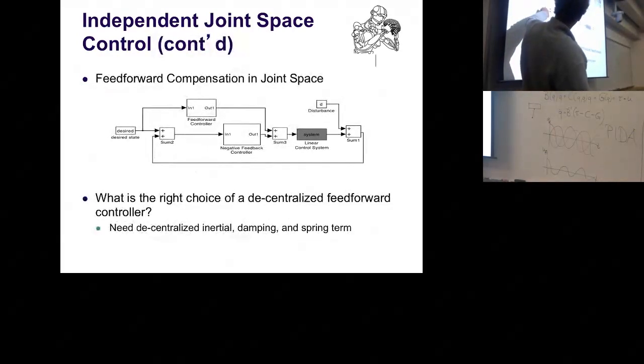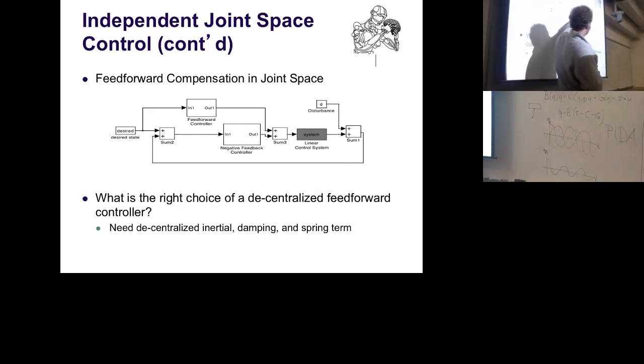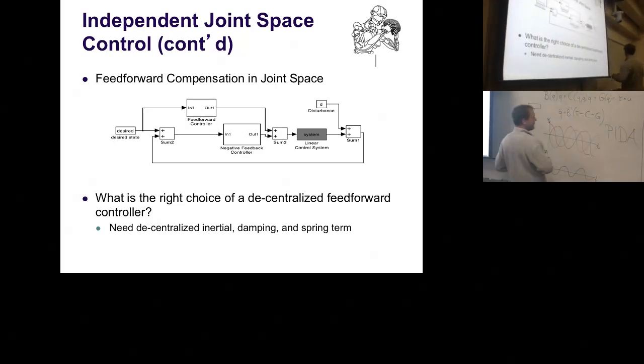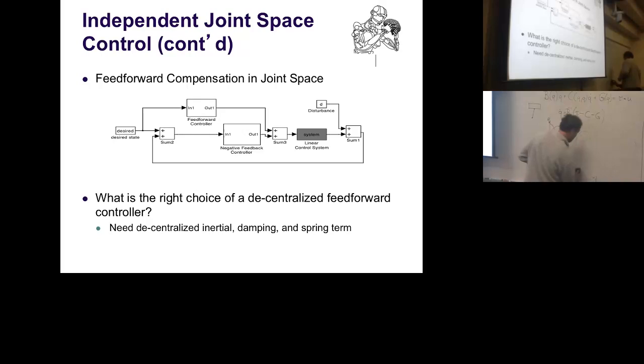Now we actually take something from the desired directly, run it through a feed-forward controller, and try to create an appropriate feed-forward motor command. And what we're going to end up with in the end is that we get a complete motor command, which will be composed out of a feedback term plus a feed-forward term. And that is essentially what this sum here would be realizing.